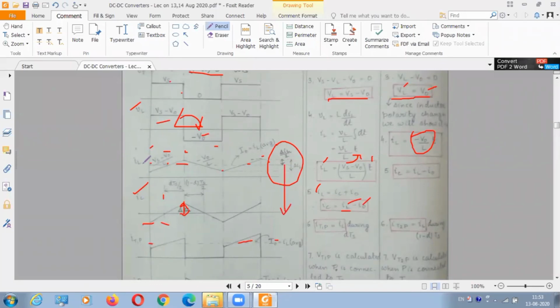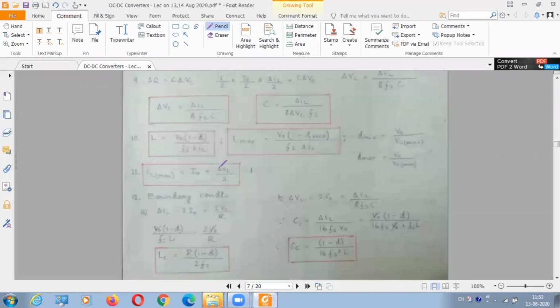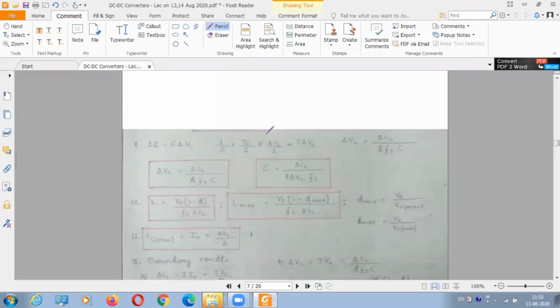So this point becomes the axis over here. So this is the gap actually. So that is del IL by 2. So this height is actually del IL by 2, and that base is Ts by 2.